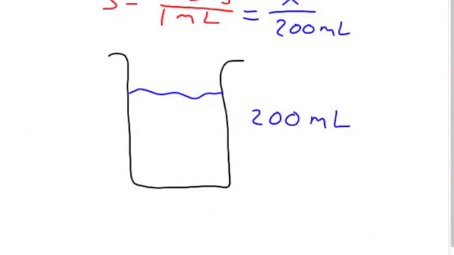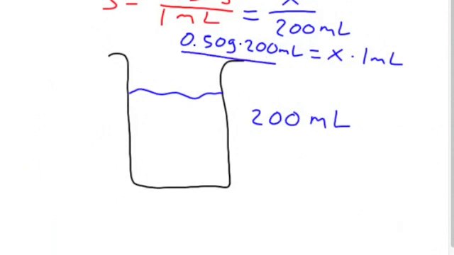Notice when you cross multiply, the milliliters cancel. You'll get 0.50 grams times 200 milliliters equals X times 1 milliliter. Y'all see what happened? And then to solve for X, you divide both sides by what?